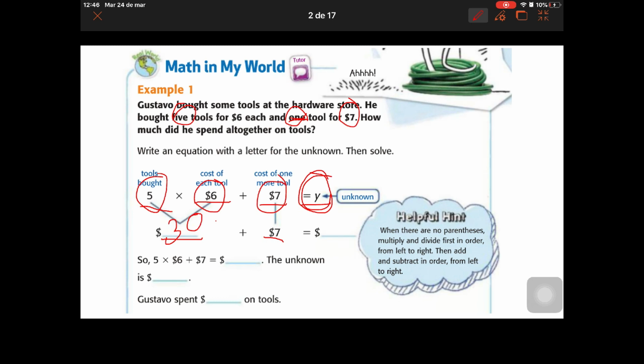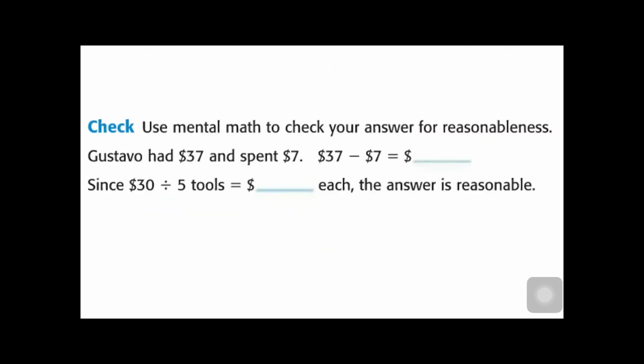And now the only thing you're gonna do here is add 30 plus 7, which equals 37. So 5 times $6, plus 7 equals how much? 37. So the unknown is $37. Gustavo spent $37 on tools. Okay, let's go to the next one.